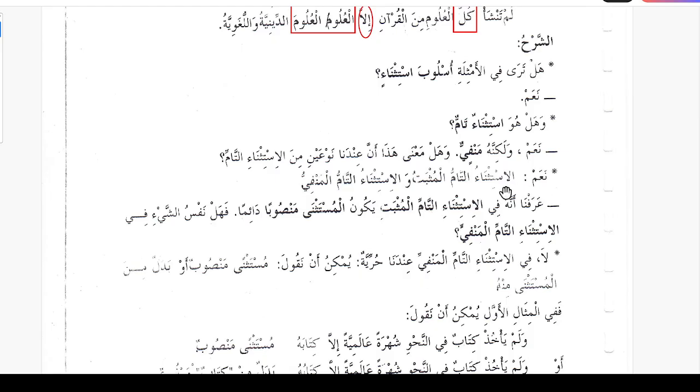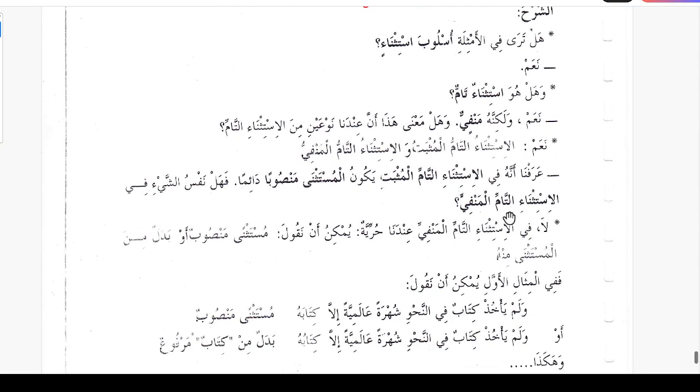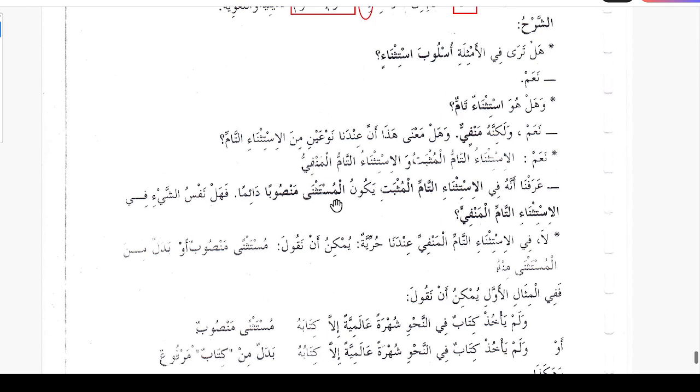Yes, naam, al-istisna tamu musbatu, al-istisna tam complete musbat, and al-istisna tam manfi, negative. Arafna annahu fil istisna tamil musbati, and we now know that in istisna tamul musbat, for the case of musbat, yakunu mustasna mansuban daiman, the mustasna is always mansub.